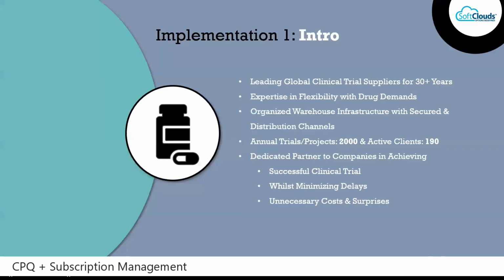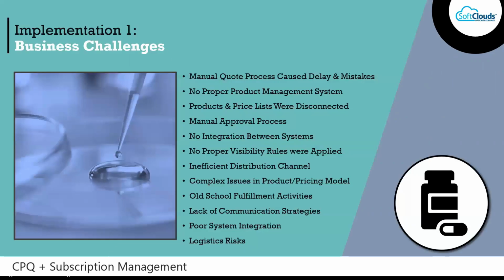So on the pharma example, this is a company that does clinical trials for new and upcoming products and drugs. They had a very organized method for running these trials, but they had difficulty managing the trial process and the communication process with their customers.